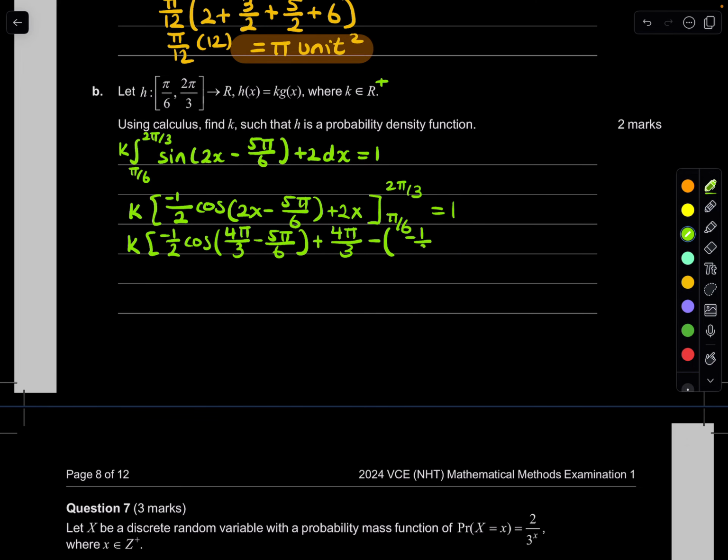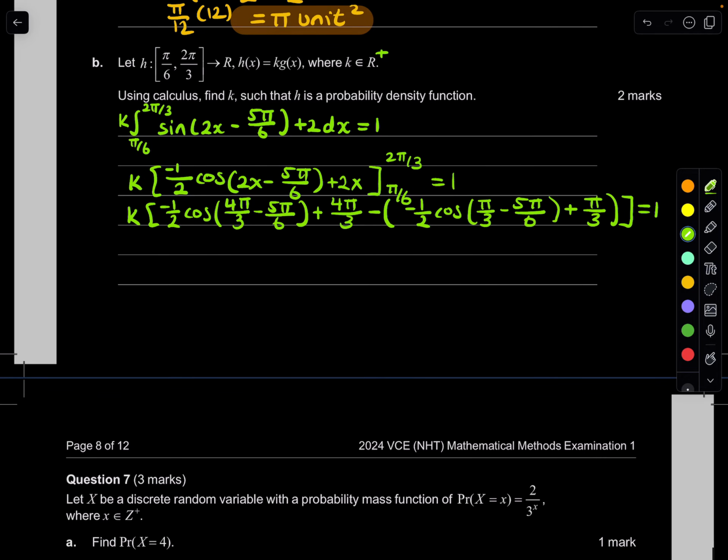So negative half cosine pi on 3 minus 5 pi on 6, plus 2 times that, which is pi on 3. Yep, beautiful. Close it. And that all equals 1.